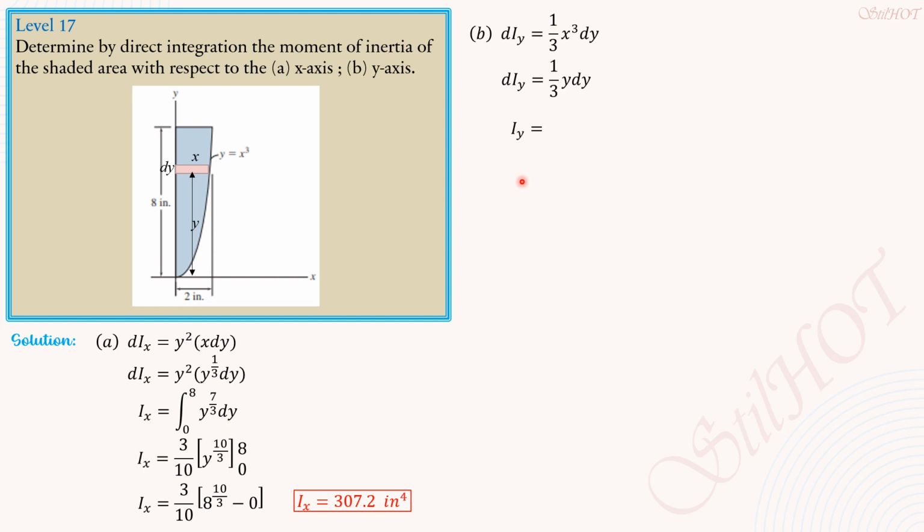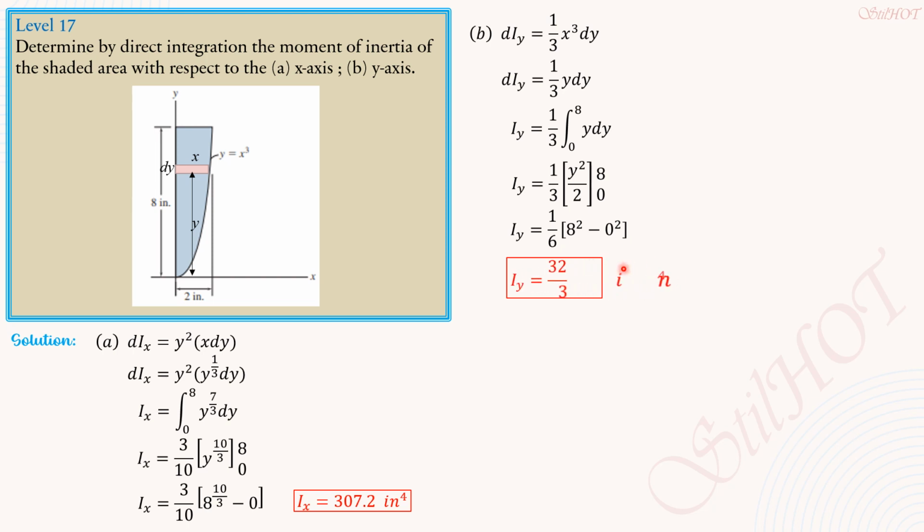So Iy therefore is 1/3 integral of y dy from 0 to 8, and the integral of y dy is y squared over 2 from 0 to 8. So Iy is 1/6 times (8 squared minus 0 squared), and Iy can now be computed. It is equal to 32/3 inches to the fourth.